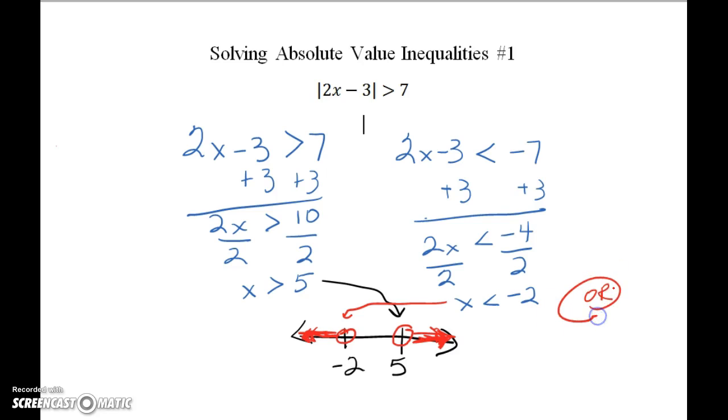So your final answer would be written as x is less than negative 2 or x is greater than 5. So in this particular case, we have an OR compound inequality.